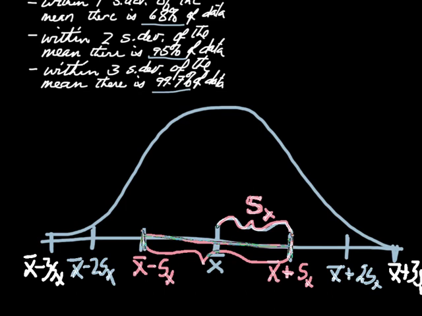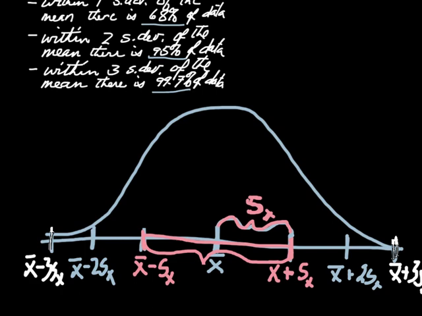And that would be how you would label it on a diagram. And then if you take the 2 blue marks, say here and here, that's within 2 standard deviations. And the 2 white ones, here and here, are within 3 standard deviations.